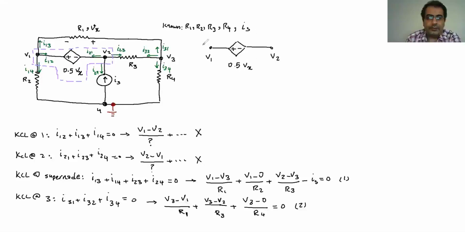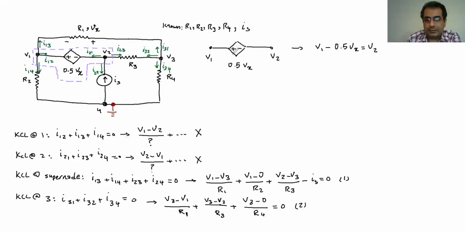So if I have this equation, I want to write the equation for this one. I go from the negative to positive. So it's going to be V2 plus 0.5 Vx is V1, or otherwise the V1 minus, because we go from positive to negative, 0.5 Vx. It's going to be V2.